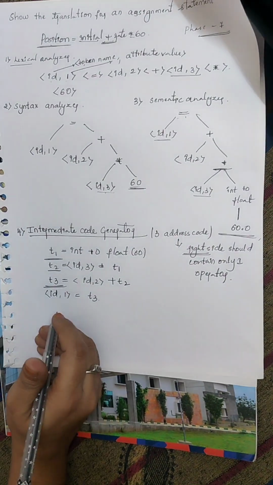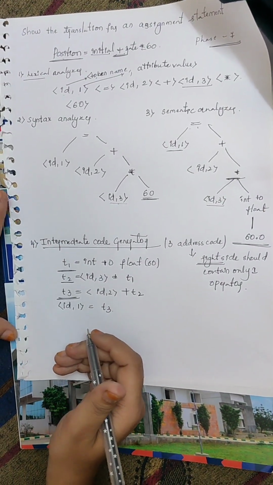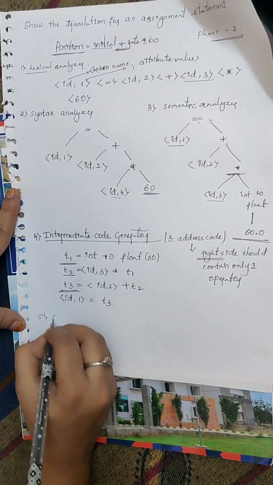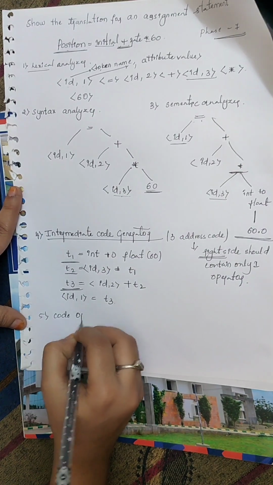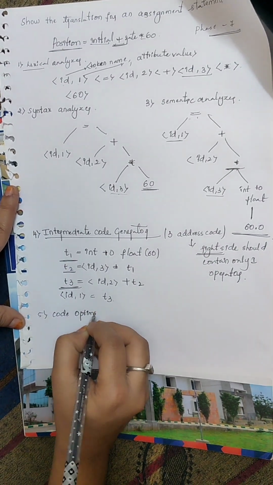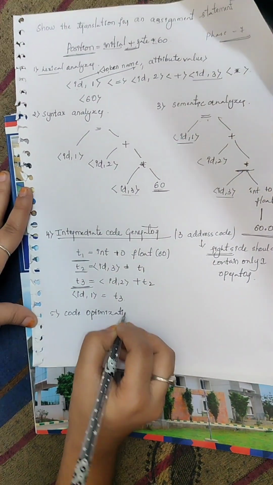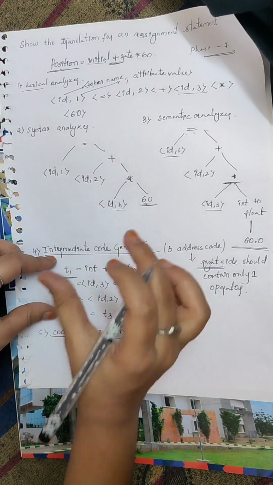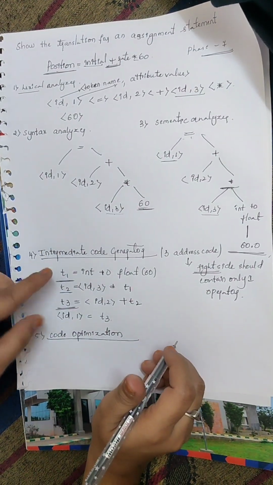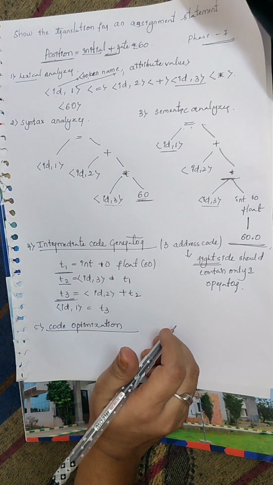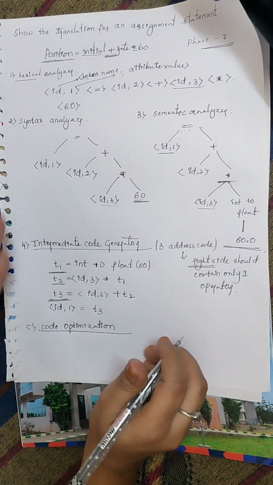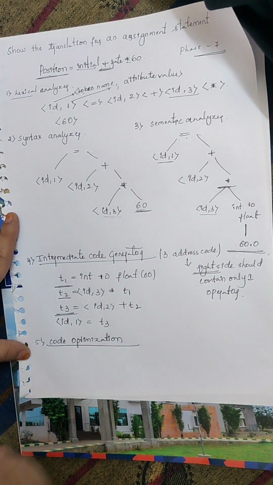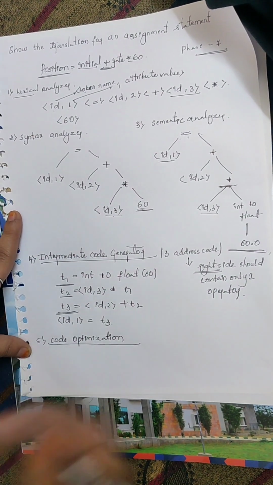Later we can consider code optimization. In code optimization, we are not changing anything, just reducing the lines. There are 4 lines, but we reduce them to 2 lines. Therefore the code will be more efficient, but the answer should be the same.